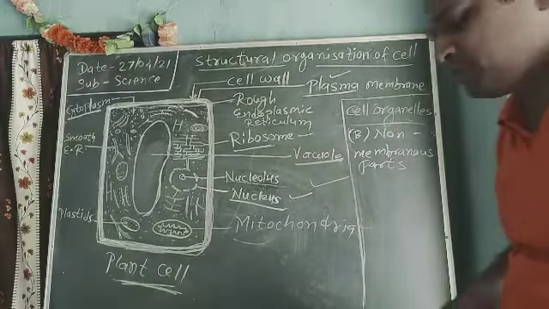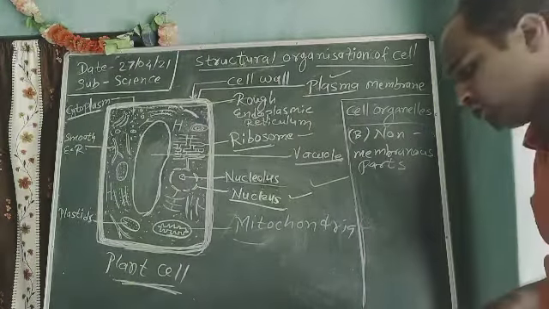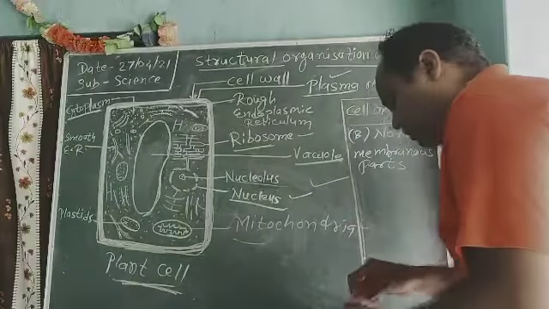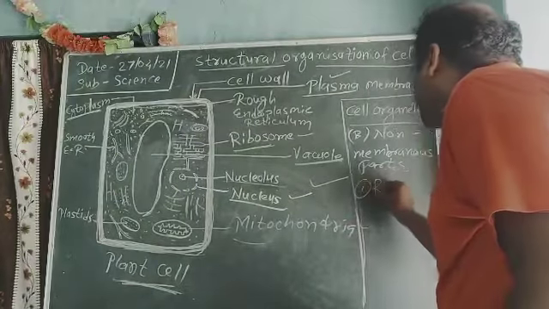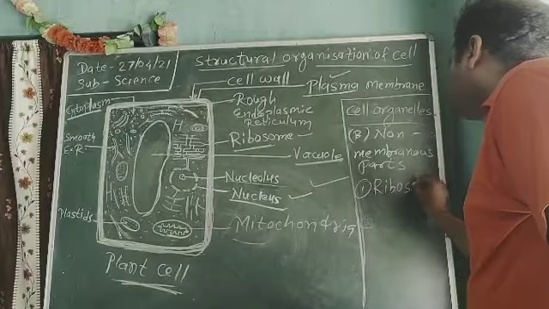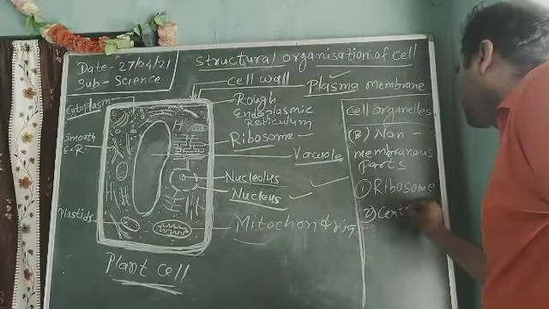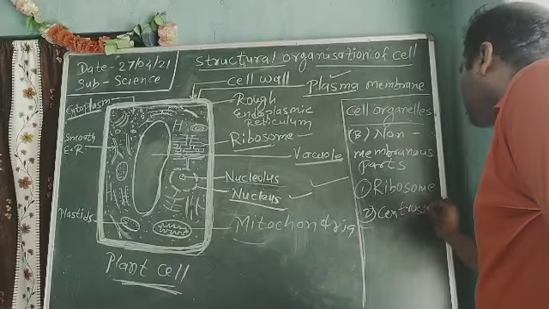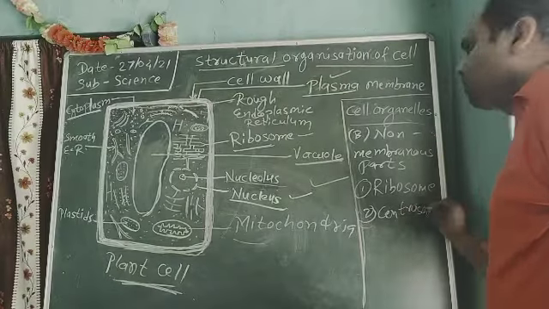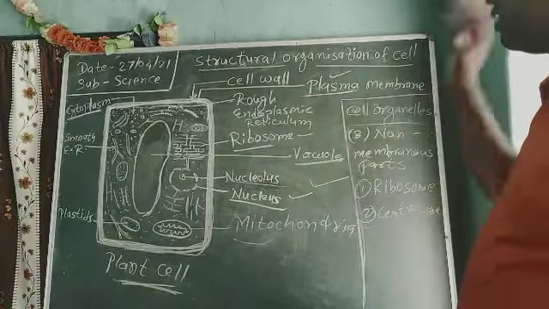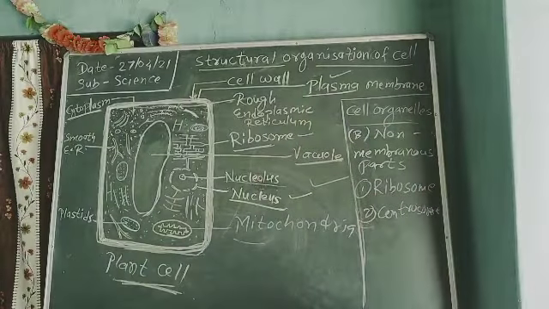And the non-membranous ones are ribosome and centrosome. These are called cell organelles.